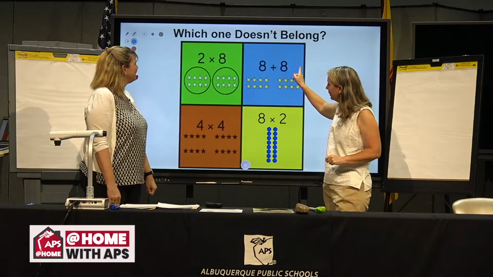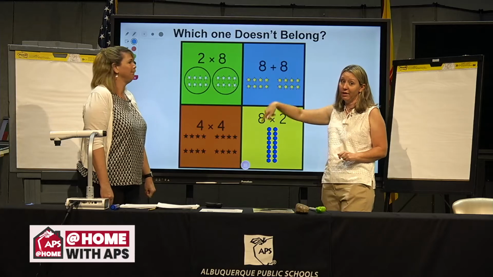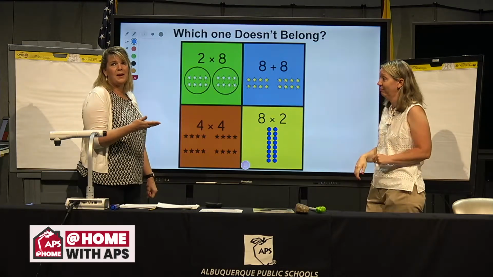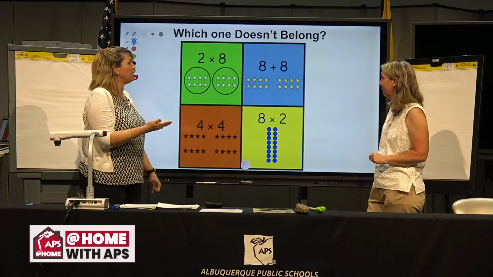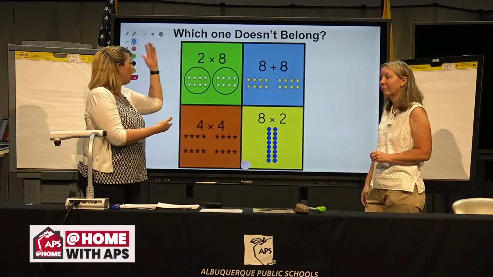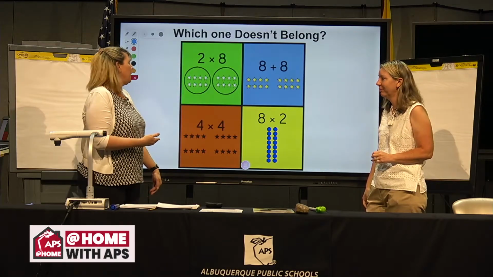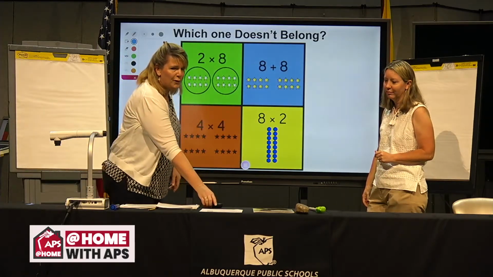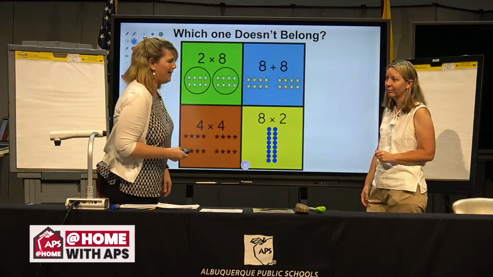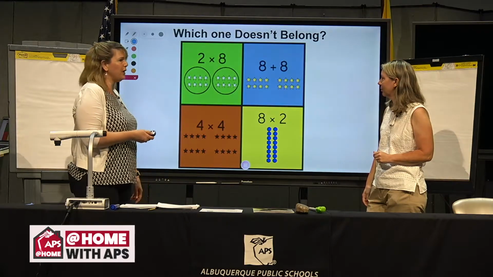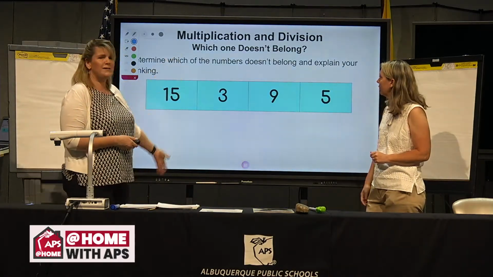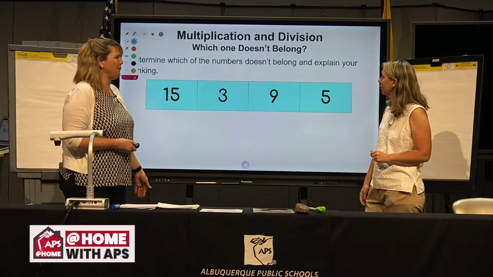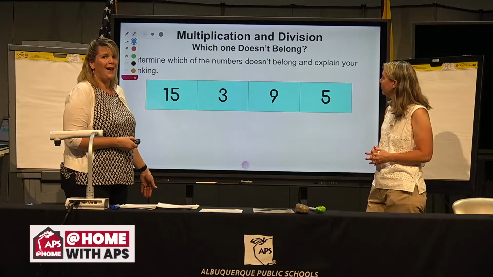Even though it equals 16, you're adding instead of multiplying. I like that she said that about the whole thing that we might have noticed, because I did notice that it did have all of 16. All right, so try and see if you can figure out a few more that don't belong in there. And also, we've included in our resource some other problems for you to be able to figure out at home as well.